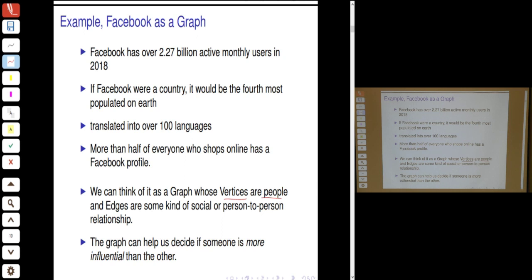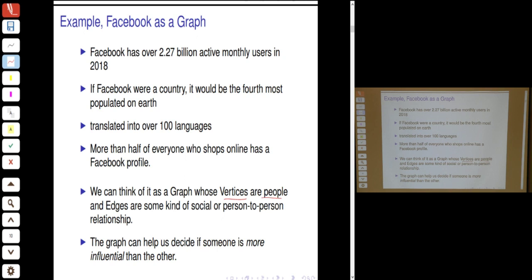So, they are the vertices of your graph, and you say that 2 vertices are connected by an edge, that is, 2 vertices are adjacent on Facebook, if they are friends on Facebook. Okay? So, that defines a perfectly legitimate way of defining when 2 vertices are connected by an edge, and this gives you a graph.